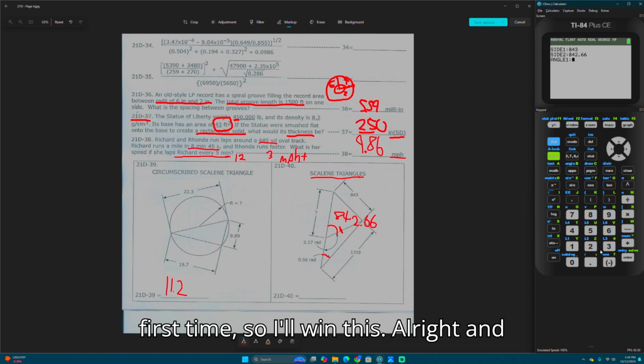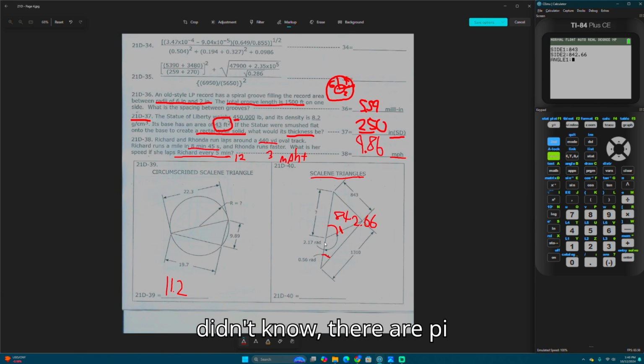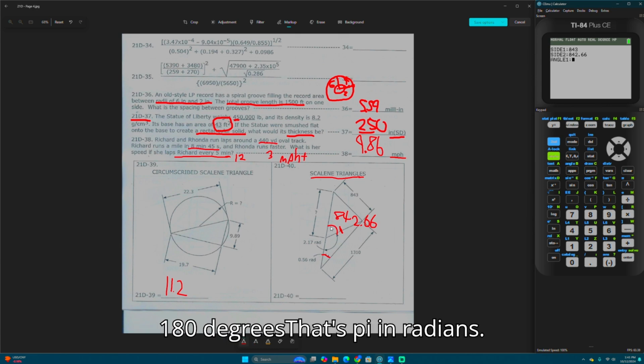All right. And, you know, there's a couple ways. If you didn't know, there are pi radians in one straight line. I'm trying to explain it. On a straight line, the angle right here is 180 degrees, that's pi in radians.